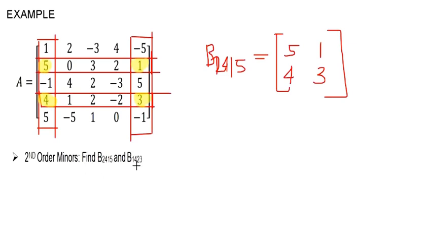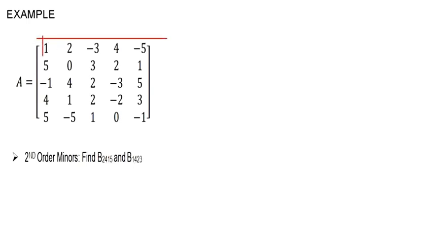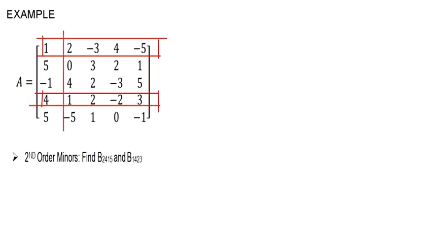What about 1, 4, 2, 3? For 1, 4, 2, 3, the 1, 4 is the rows and 2, 3 is the columns. So row 1, row 4, column 2, and column 3.